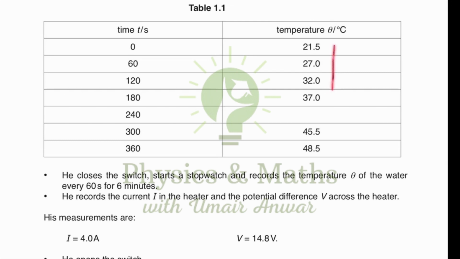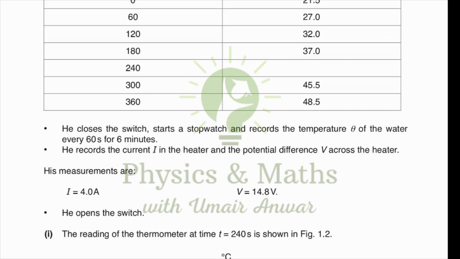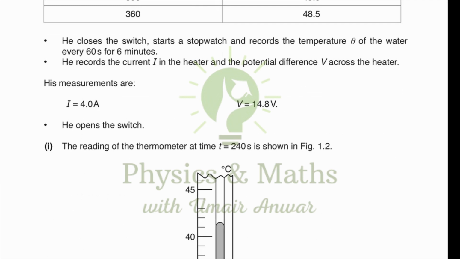So as we can see in the table, the temperature starts rising. He records the current I in the heater and the potential difference V across the heater. His measurements are 4.0 amperes, the value of current, and 14.8 volts, the reading of the voltmeter.